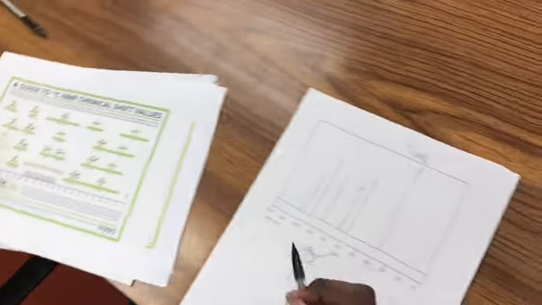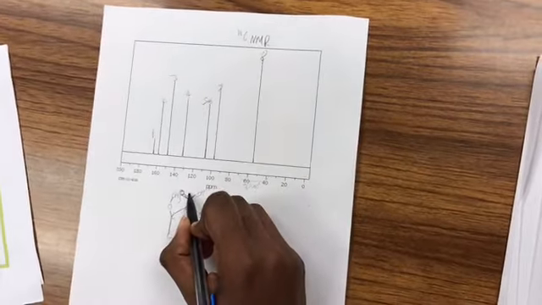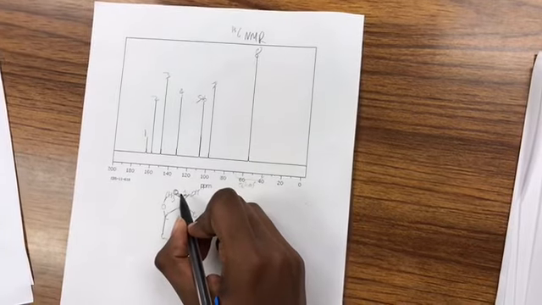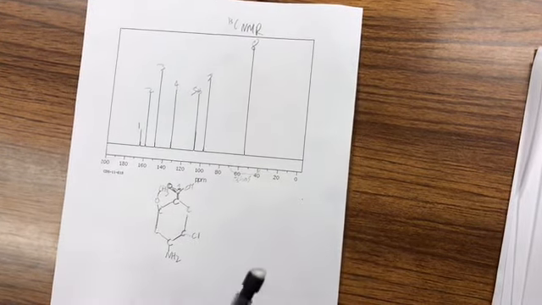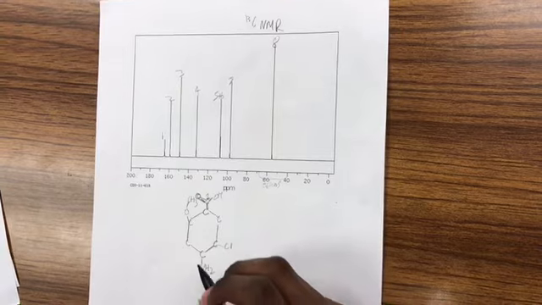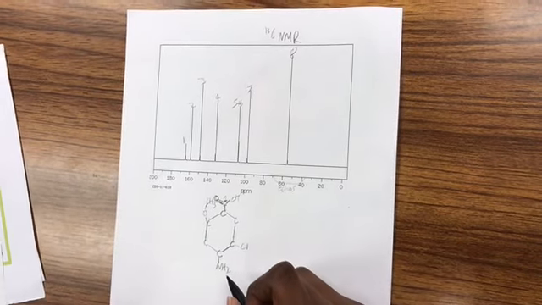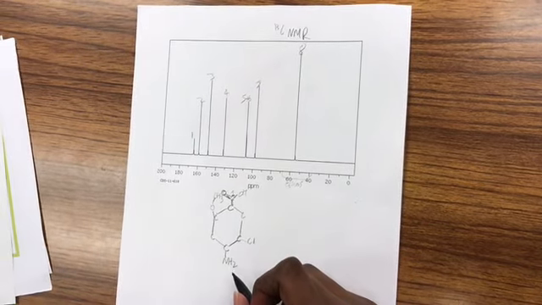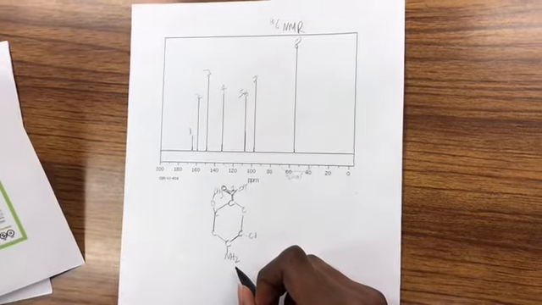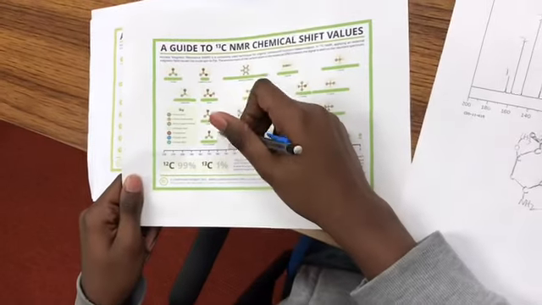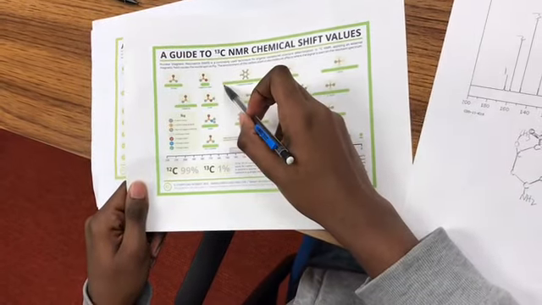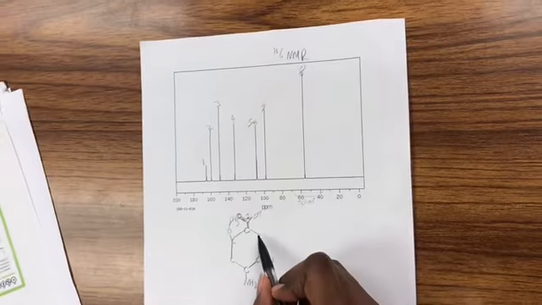So the first carbon, number 1 here, is likely this one. And for number 2, it seems to be around the 160 range, which matches with the aromatic. So we can say it's over here.